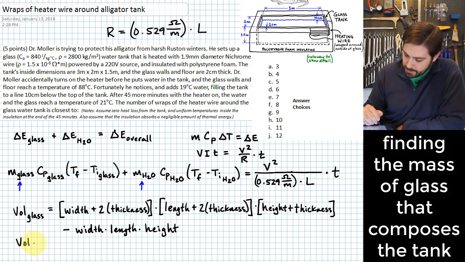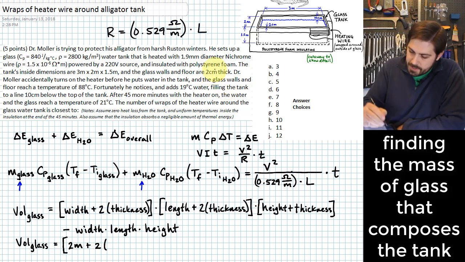So the volume of the glass is now going to be equal to, okay, the width is 2 meters plus 2 times the thickness, okay, and it says here the thickness is 2 centimeters.